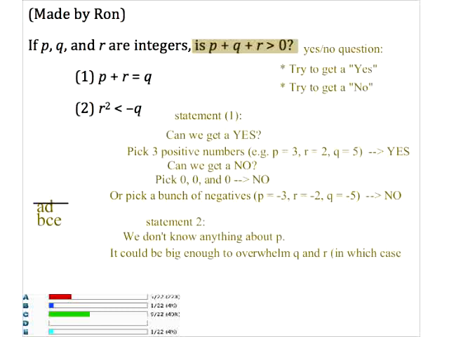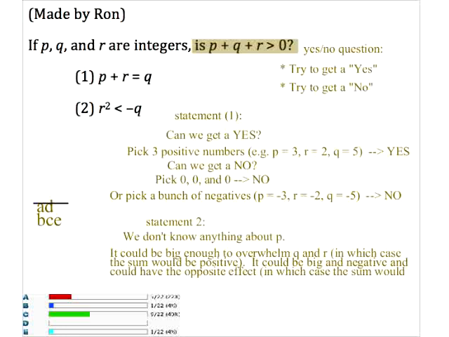It could be big and negative and overwhelm R and Q in the negative way, in which case the sum would be negative. So that's not sufficient. So we are gone with B too. So let's move to the next page and look at the 2 statements together.